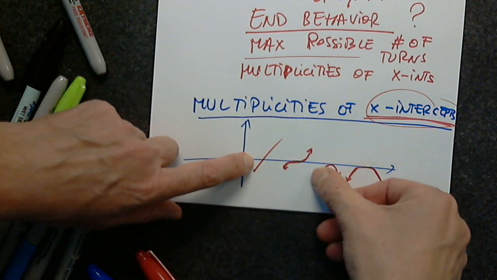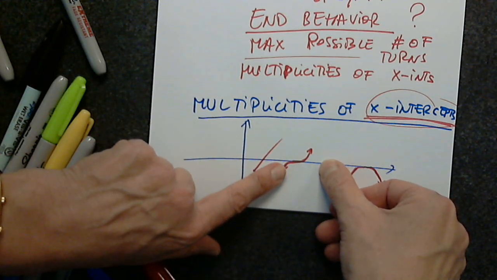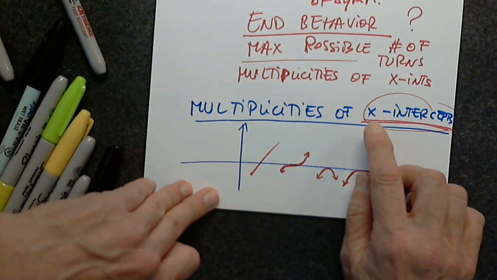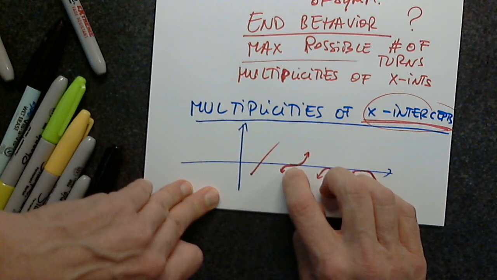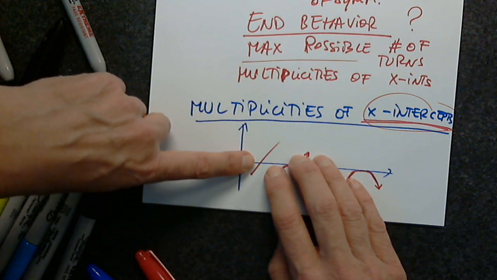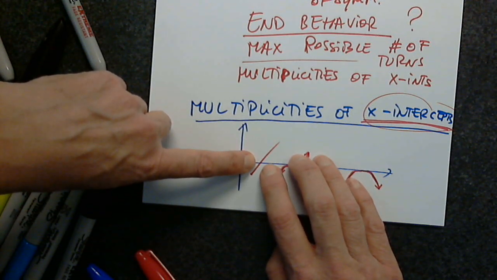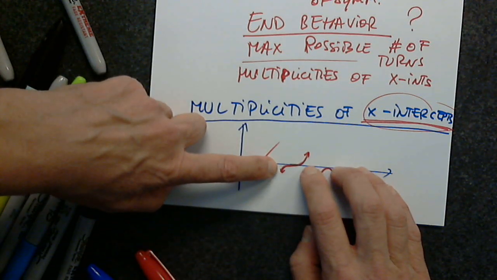Every time the function crosses the x-axis, it has a number of solutions at those spots that is odd. So how many solutions x equals 1, let's say, does this function have? Only one. How many solutions x equals 2 does this function have? The answer is 3.